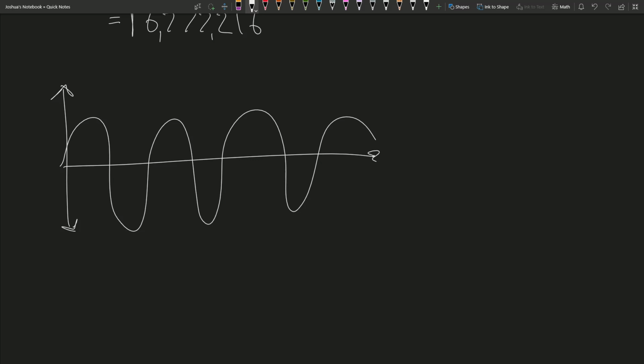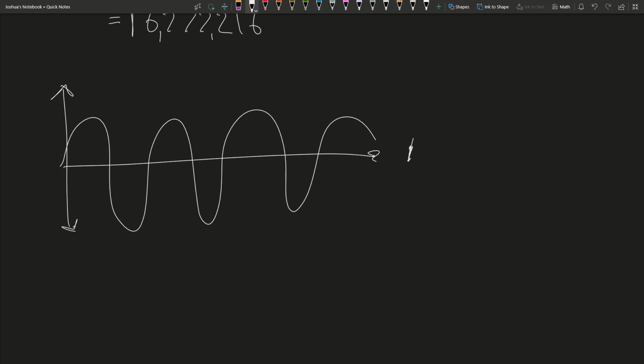There's no discreteness to it. And then what an analog to digital converter will do is, n times per second, it will take a sample. So let's just say this is 1 second for convenience's sake.